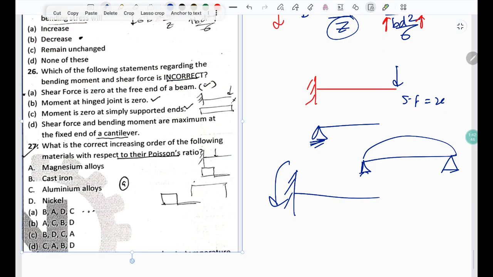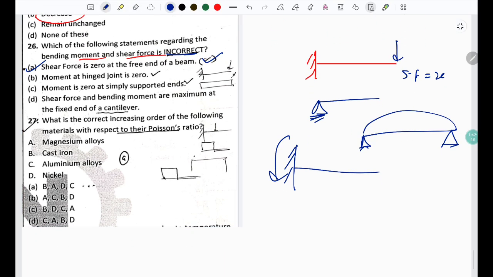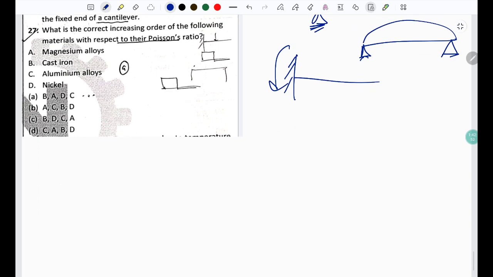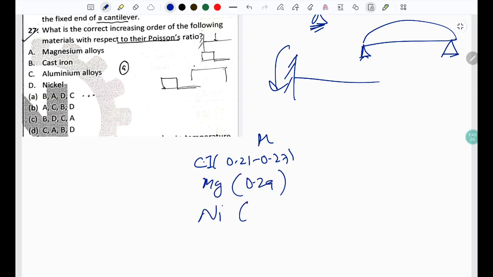Then what is the correct increasing order of the following materials? Magnesium alloy, cast iron, aluminium, nickel. Now this is more of a factual data based question. Cast iron's Poisson ratio is around 0.21 to 0.27, for magnesium alloys we have around 0.29, nickel stands at around 0.31, and aluminium stands at the highest, 0.33.